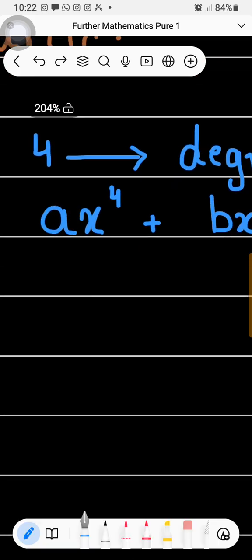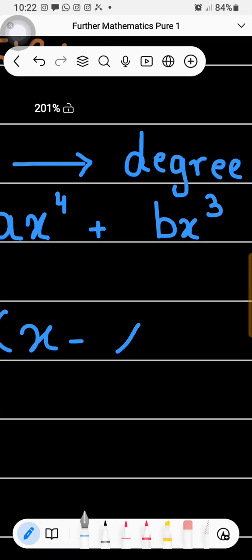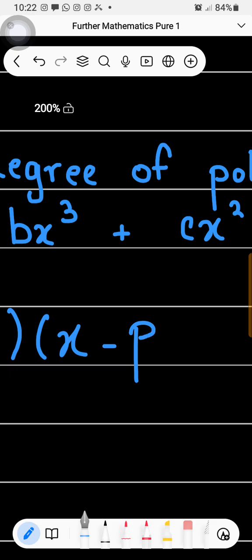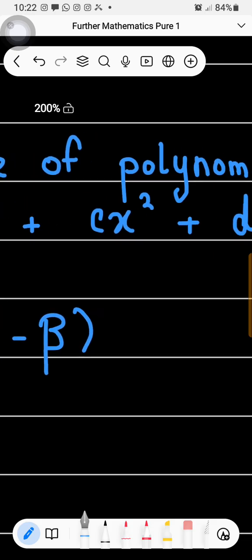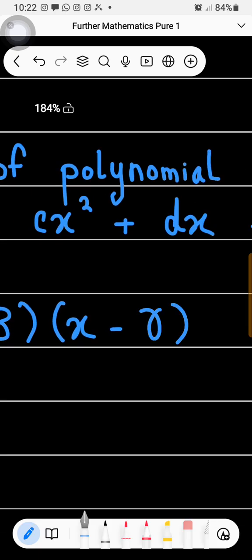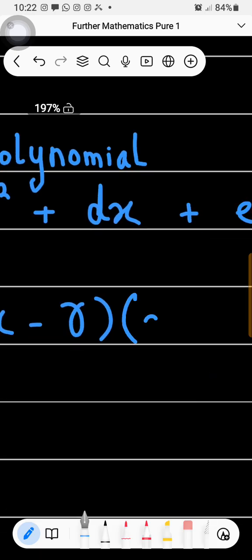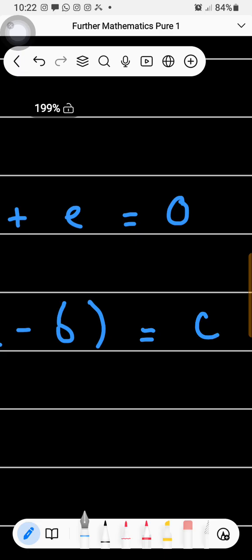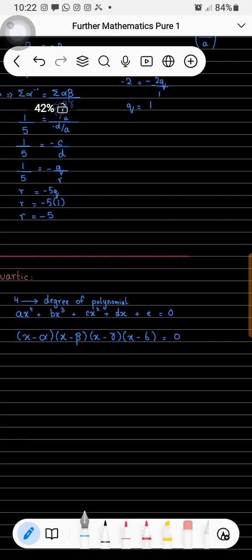So how do we derive it? We write (x minus alpha), second bracket (x minus beta), then third bracket (x minus gamma), and (x minus delta) equal to 0. Now we will expand it.